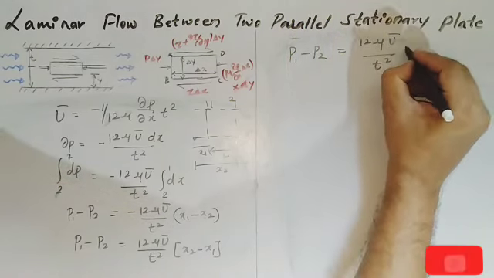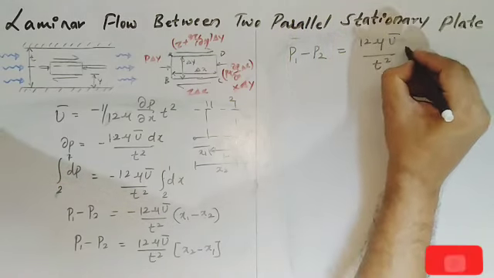So that will be equal to mu dou by dou y of u, where the u value is minus 1 by 2 mu dou p by dou x into (ty minus y square). Okay, this is the u value we have substituted.